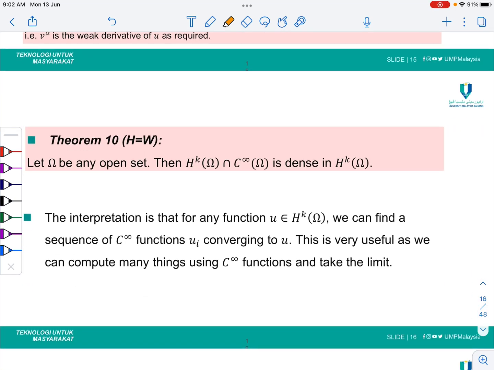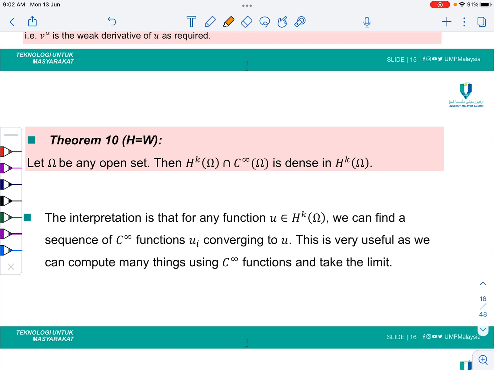Theorem 10, H equals W. This theorem unifies two definitions of spaces. Let omega be any open set, then Hk omega intersected with C infinity is dense in Hk omega.